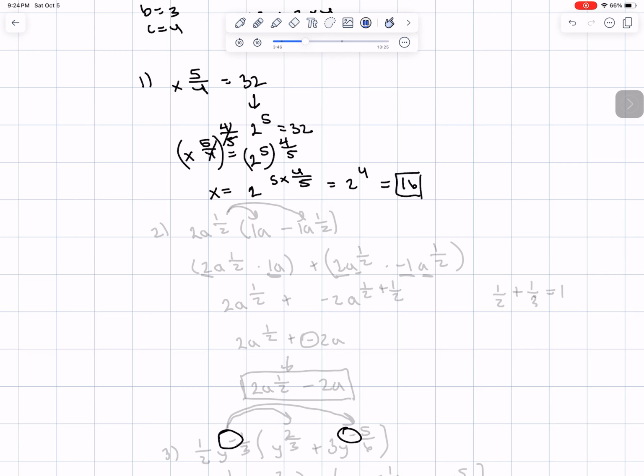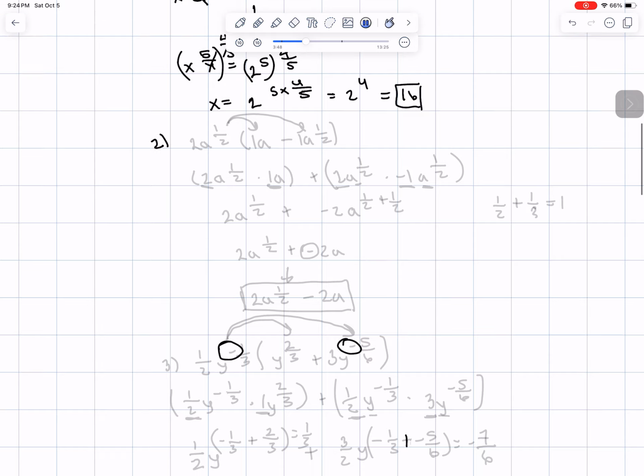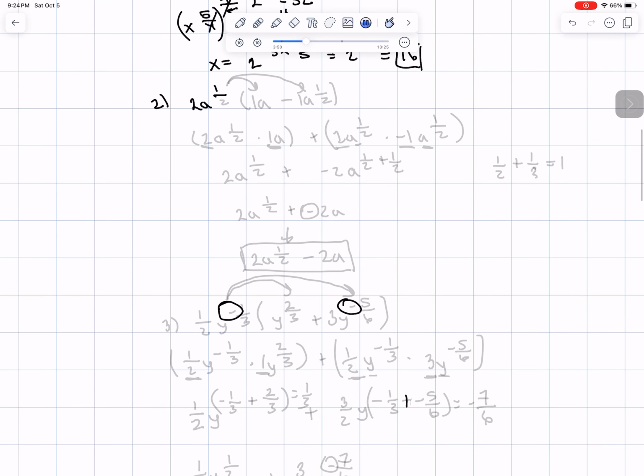So let's do this one, 2a to the 1/2 times (a to the 1/2 minus a to the 1/2)... You'll actually recognize this from the work that we were doing in class, from the worksheet that I gave you guys. So let's distribute this.